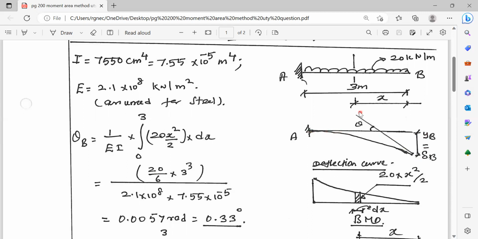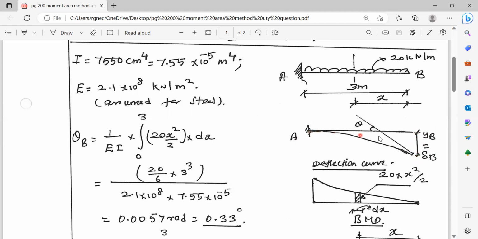Draw a tangent at B. Now, if you measure the vertical, this is one tangent, this is another tangent. Then this is the vertical intercept between the two tangents at point B, and that is denoted as YB. Mohr's theorem gives the value of the vertical intercept between the two tangents.